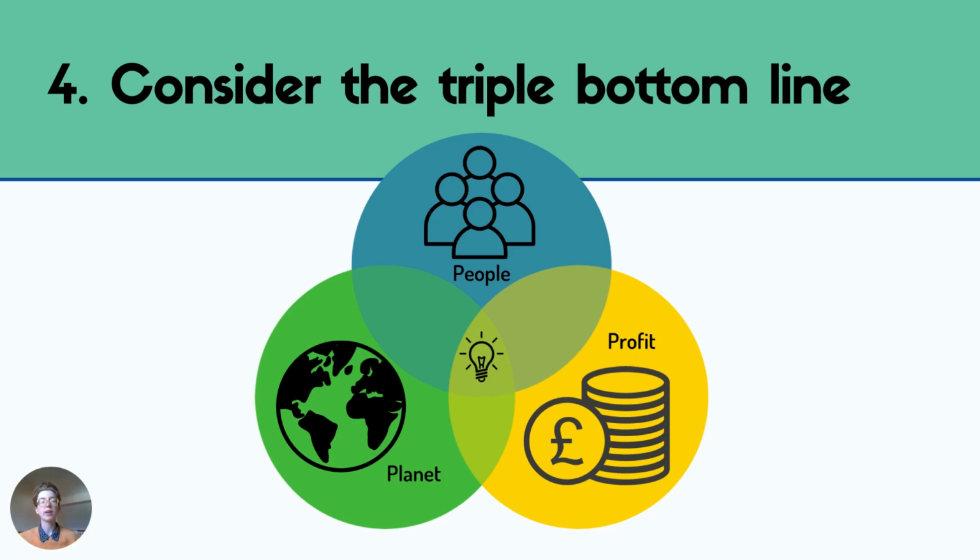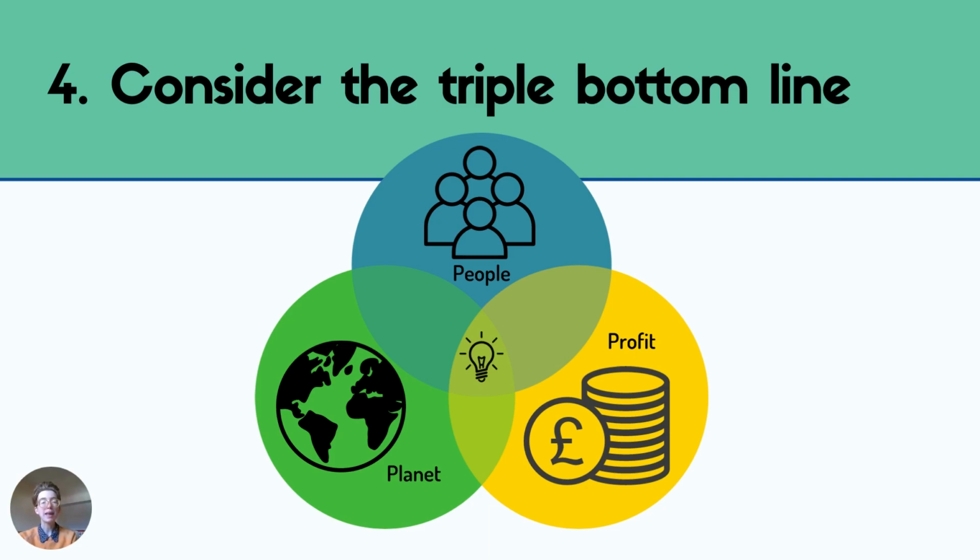Through measuring and considering our triple bottom line, we acknowledge that these three things are interlinked. By looking after your people, employees, customers, suppliers, the wider community, you are likely to save money by building loyalty and repeat customers, less employee turnover and fewer HR disputes, and ultimately more goodwill.